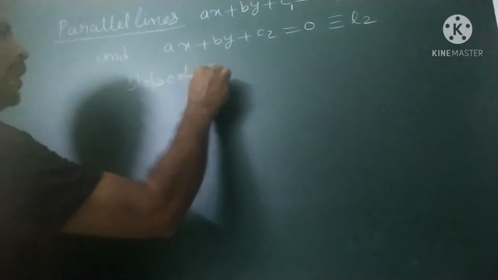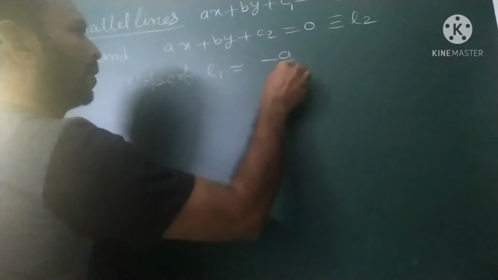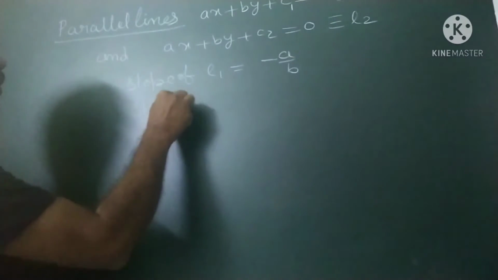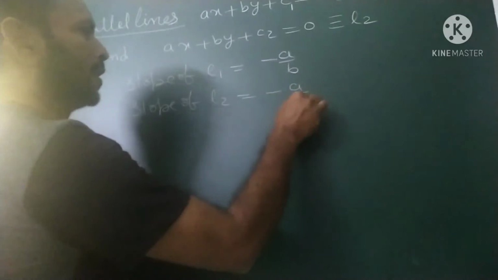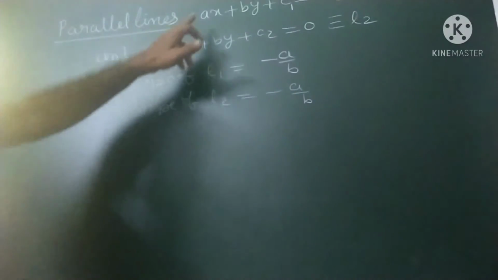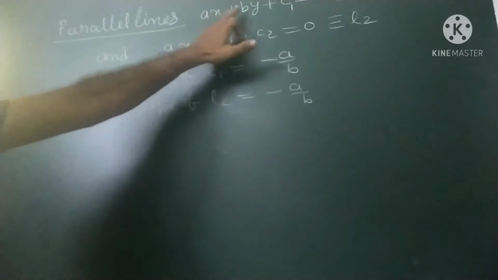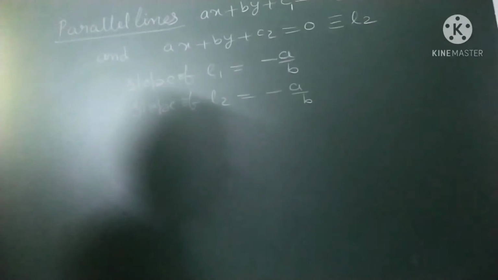Slope of L1 is equal to minus a by b, and slope of L2 is equal to minus a by b. That means minus x coefficient by y coefficient. In both the cases minus a by b. So slopes are equal, lines are parallel.